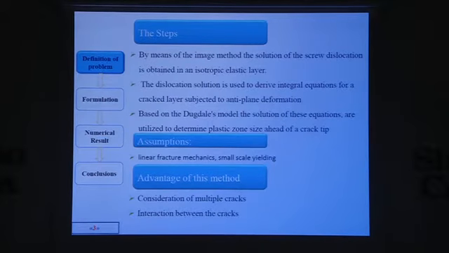Then we will construct some integral equation using the dislocation solution. And by solving these integral equations, we will find the solution for crack problem. And finally, based on the Dugdale's model, we estimate the plastic zone size ahead of the crack.